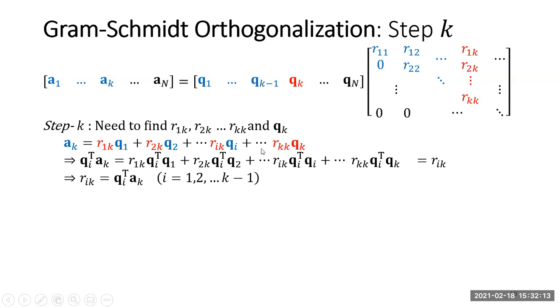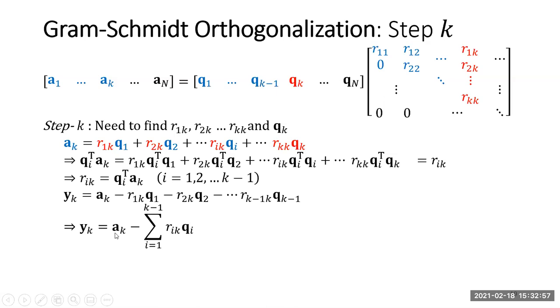And now what I have done is I have found R1k, R2k, all the way to Rk minus 1,k, except this Rkk Qk. All these are now known quantities except the diagonal, Qk here and Rkk. So what remains is this. Ak, if I subtract all these known quantities, minus R1k Q1, minus R2k Q2, all the way to minus Rk minus 1,k Qk minus 1, what remains is Yk, which is actually Rkk Qk.